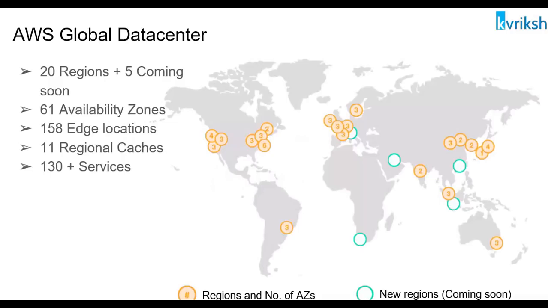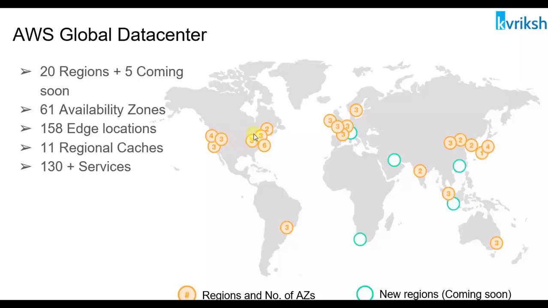First is AWS Global Data Centers. Whenever we use some AWS services, typically we will deploy them in some AWS geographical area. That geographic area is called an AWS region. Across the world, there are different AWS regions available for us.